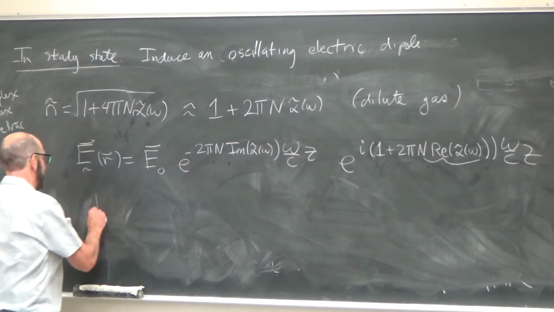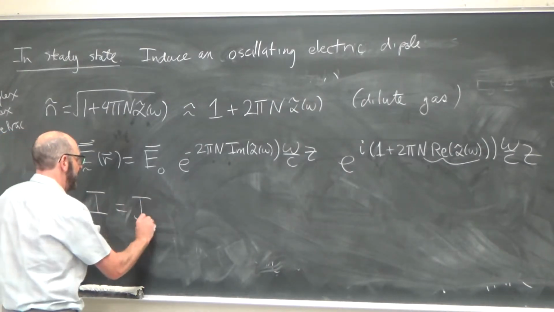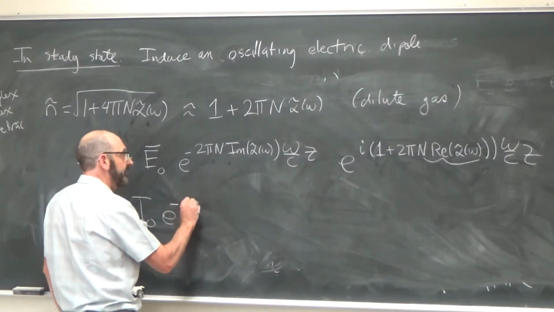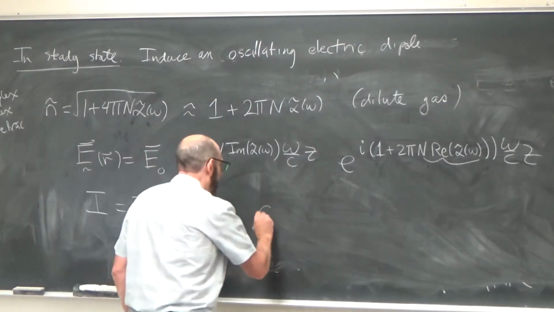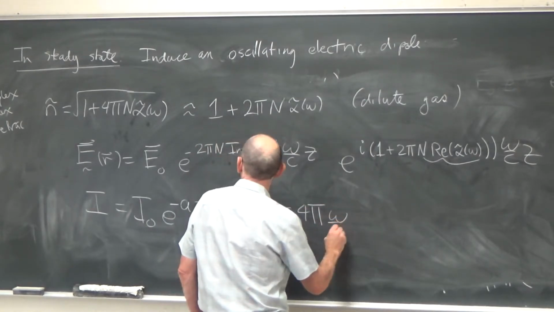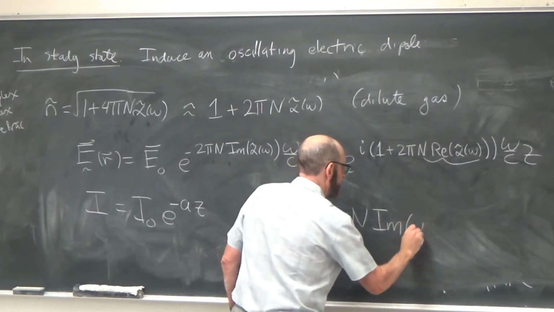And the intensity of this is the input intensity e to the minus some constant times z, where the constant is 4 pi omega over c n times the imaginary part of alpha.